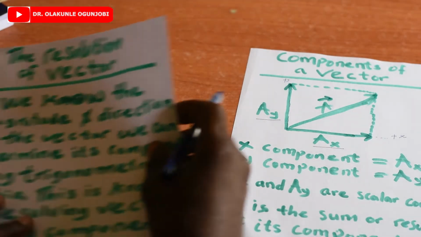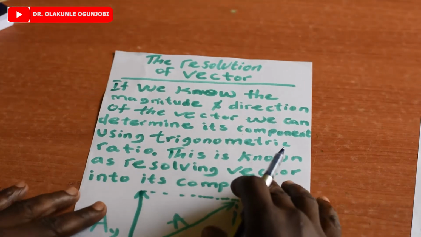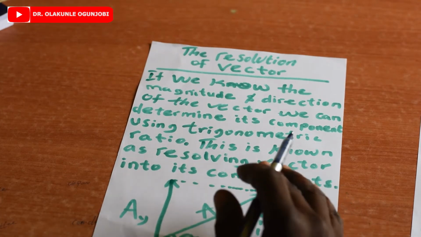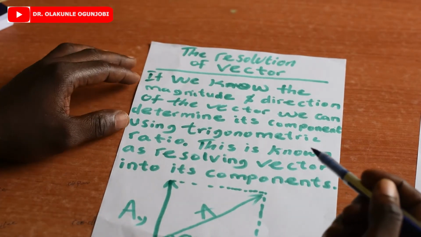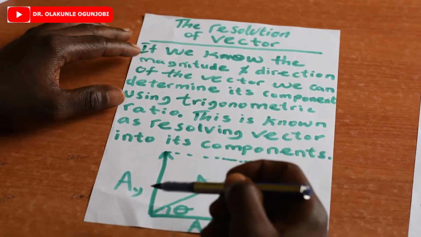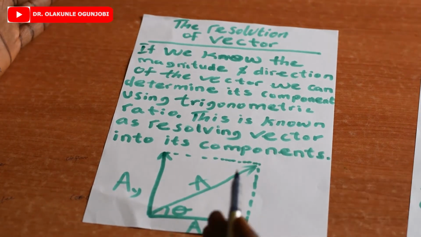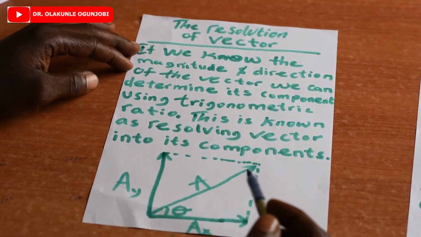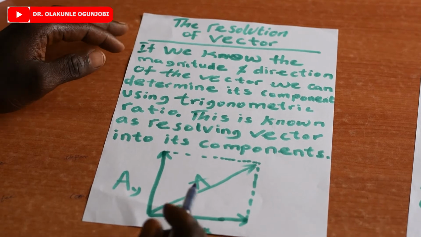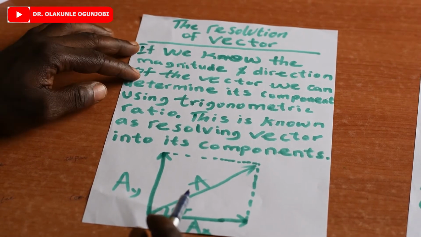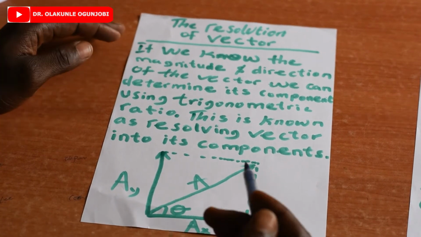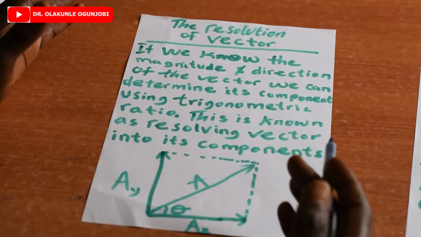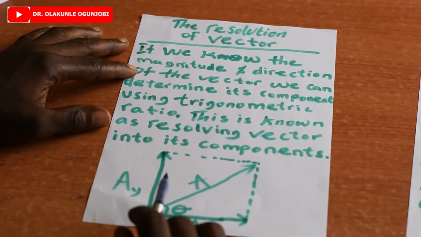We can resolve the vectors. That's if we know the magnitude and direction of the vector, we can determine its components using trigonometric ratio. So this is known as resolving a vector into its components.